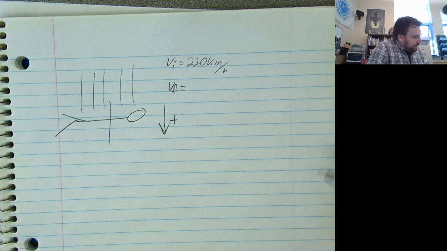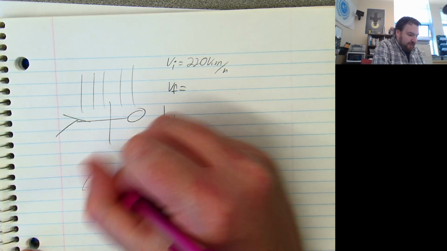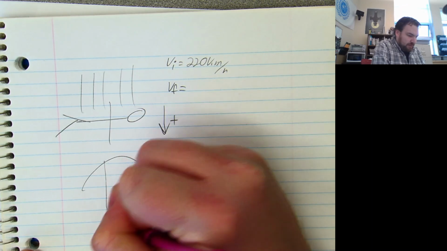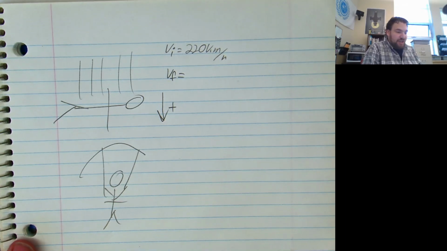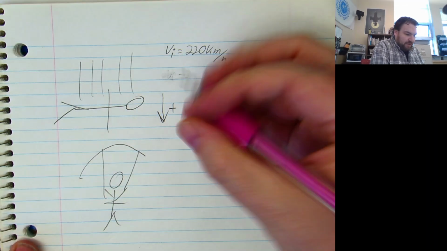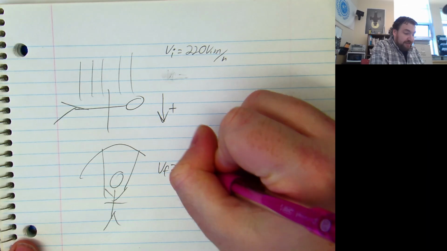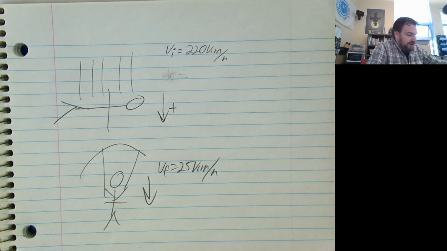Eventually, it says here, before pulling the chute, she slows to 25, so now you've got here's your parachute. She's now falling slower. V final is 25 kilometers per hour, still down. Nothing has changed in that regard.